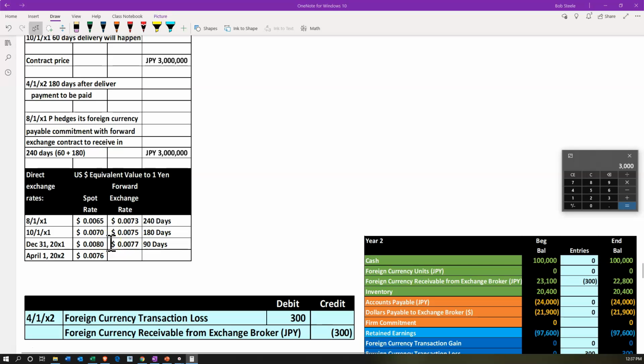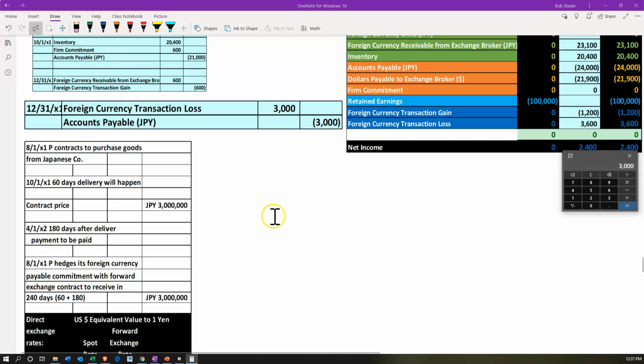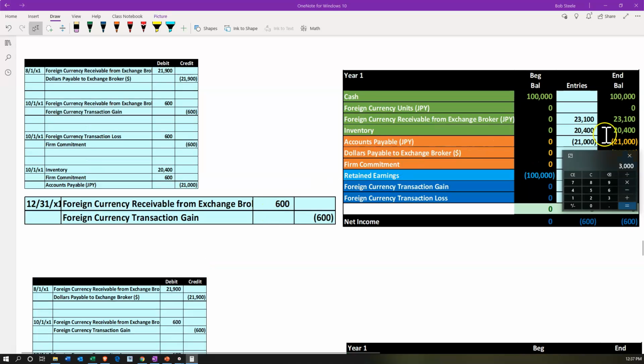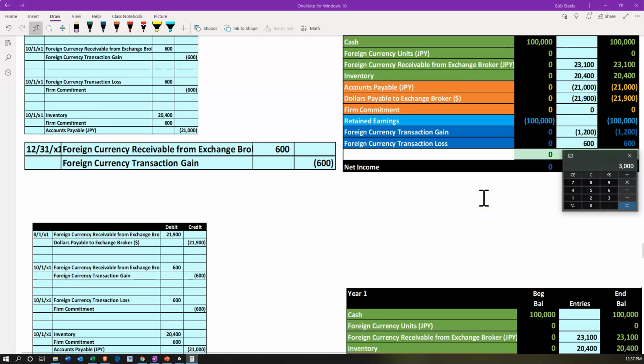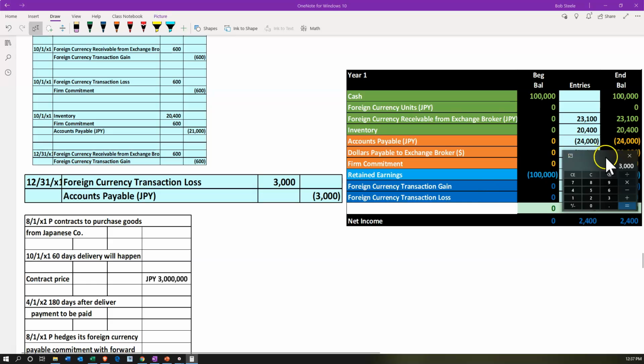Now 1 yen is worth $0.008. The yen therefore has gotten stronger. It's worth more dollars. And this time we're talking about a liability here. We're going to pay in yen. So the fact that the yen has gotten stronger is going to be bad for us in this case because we're going to be paying in something that has now gotten stronger. Therefore, it's a loss. So let's record that then.